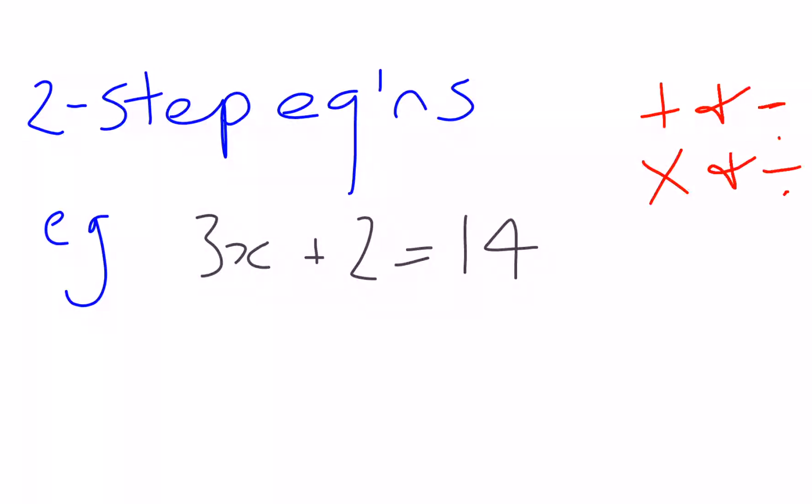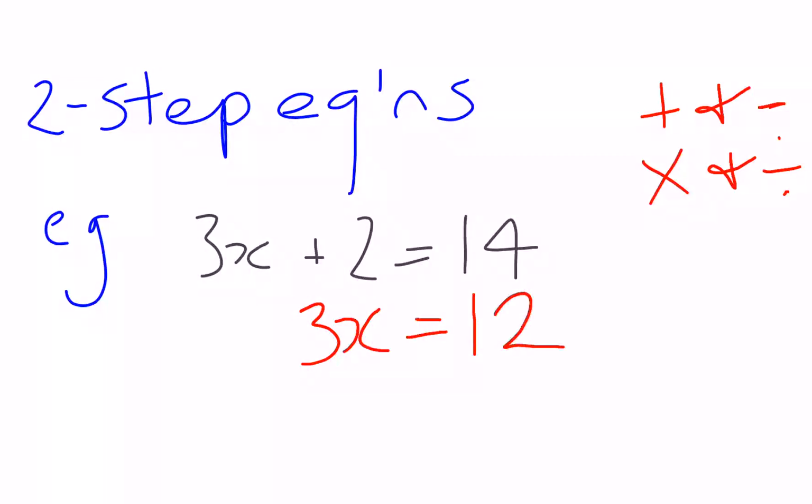So the first thing to get rid of is the plus 2. To get rid of plus 2, we take away 2 from both sides. And let's not even show working this time. Let's just take away our 2. 3x on this side equals 14 minus 2 is 12. And now it's just a one-step equation.